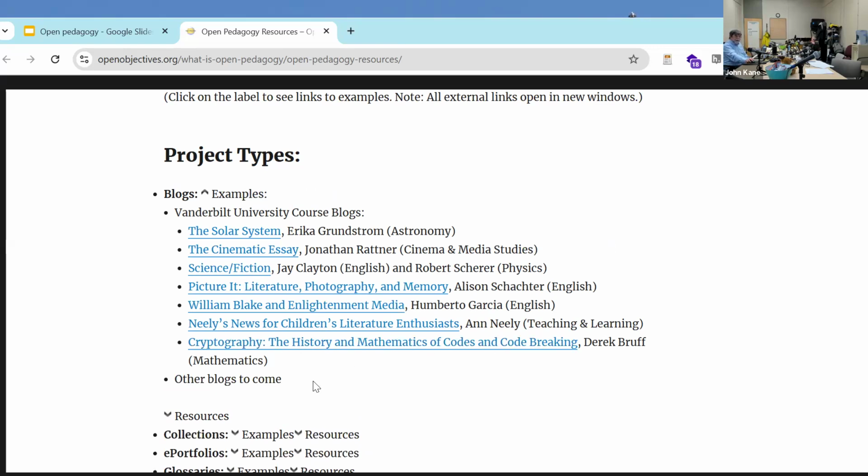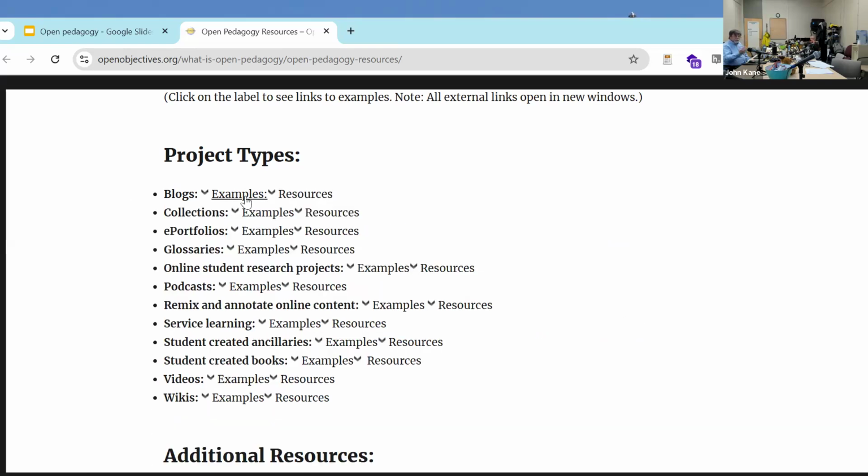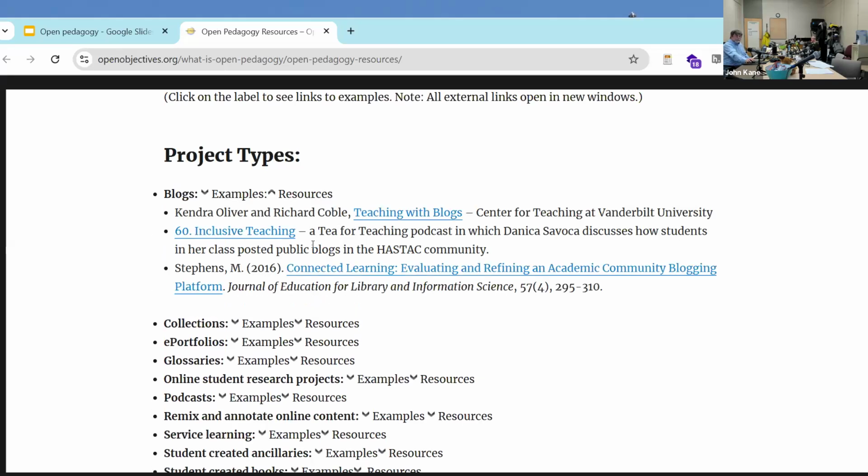When I get time, I'll add some more. It shows you how students can use blogs to examine their learning, to reflect on their learning process, or as part of the learning.